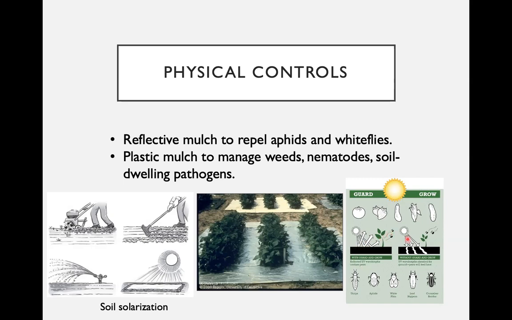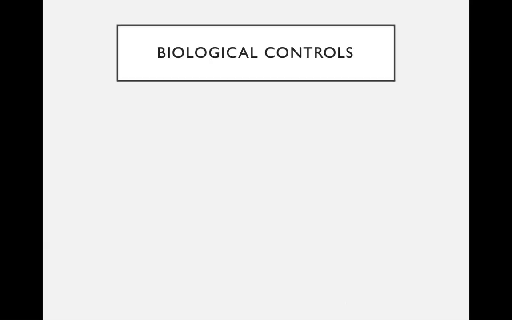They kind of just fly right off. So there's that option. It's changing the abiotic conditions, the light, and with solarization, you're changing the temperature, and that's affecting the pest numbers. Okay, so hopefully that clarifies those small differences between a mechanical control and a physical control.